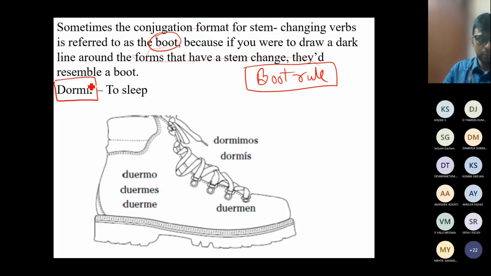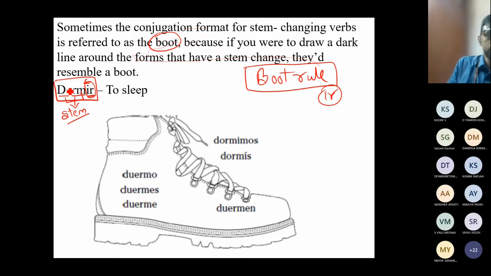In the verb dormir, IR is the end part and dorm is the stem part. As it is written, it's a stem changing verb, so in the stem, things are obviously changing. The end part will also change as per the rule of a regular IR ending verb. So that will obviously happen.